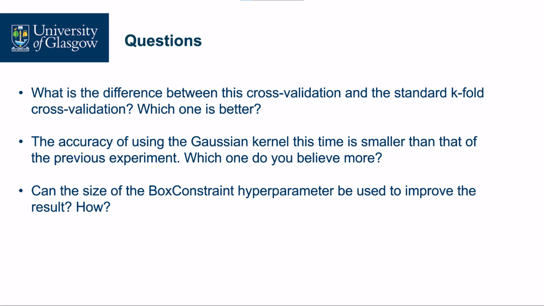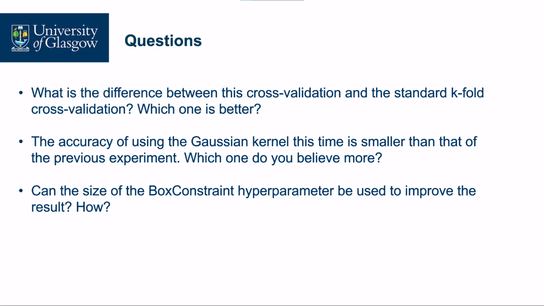But now this becomes a nonlinear one. So can we still use a box constraint, the C value, to continuously improve the result? And why? Or how can this improve the result? So these three questions are for you to think about.